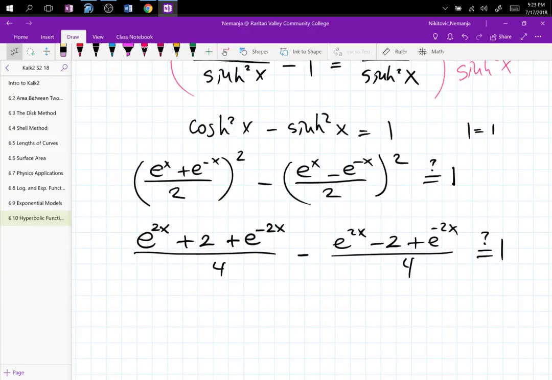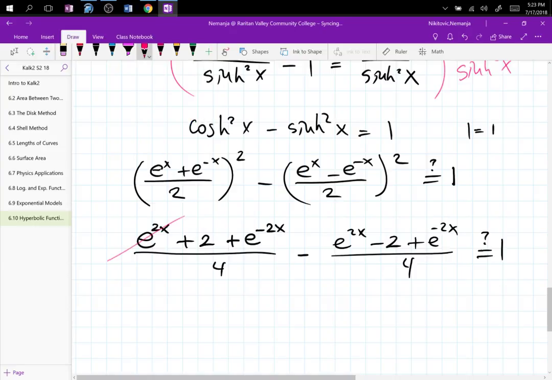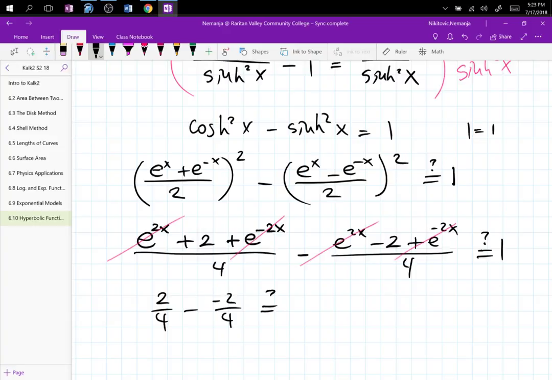So now e^(2x) and negative e^(2x) cancel, positive e^(-2x) and negative e^(-2x) cancel, when the minus distributes, right? So all that's left is 2/4 minus negative 2/4, and 1 is equal to 1 now. Because what you have there is a half plus half, which is 1. Bueno?